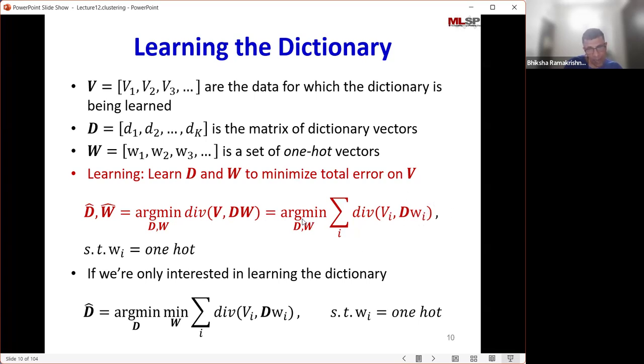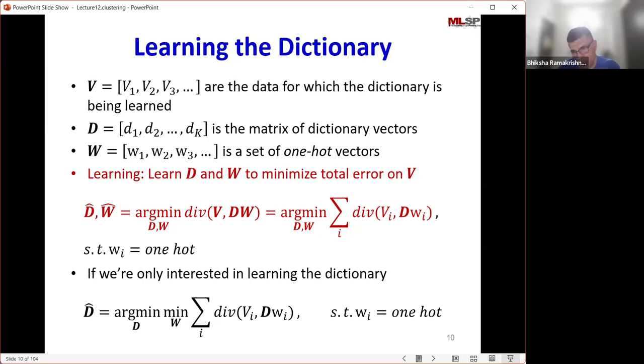Now this is finding both the Ds and the Ws. If you're only interested in finding the dictionary, then you're going to replace the argmin with just a min over W for the individual data instances. And so now you have a mathematical formulation which we can use to estimate the dictionary. This making sense?